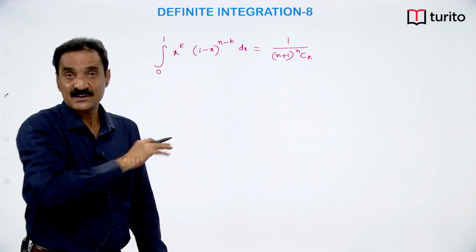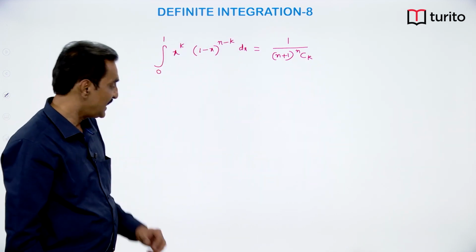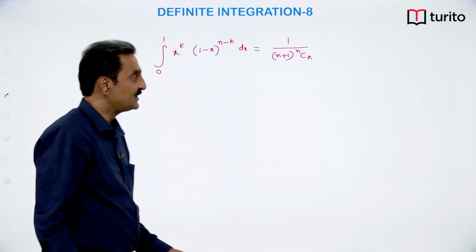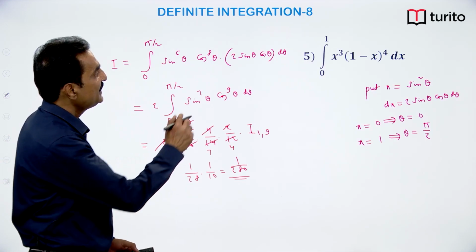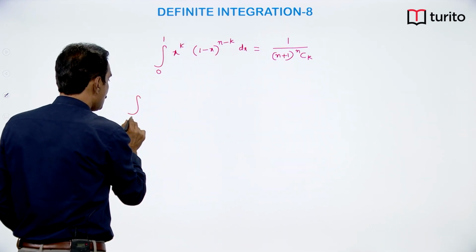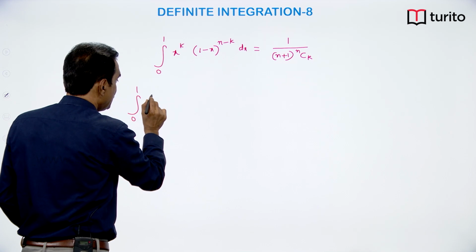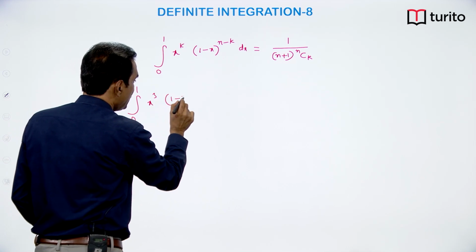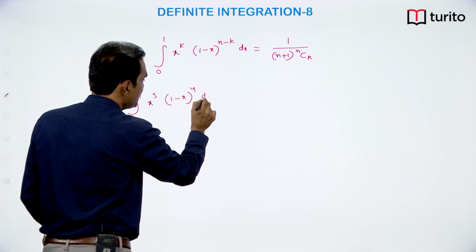We derived it in the last class only. So you can remember this and directly use it in this question. Here, integral 0 to 1 x cube into 1 minus x whole power 4. This is the given question.